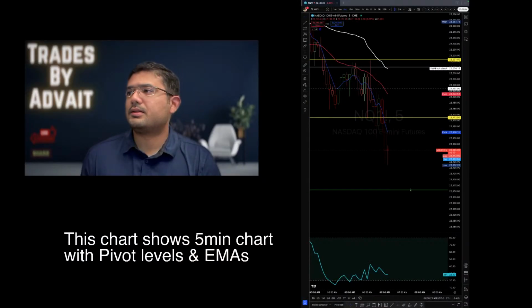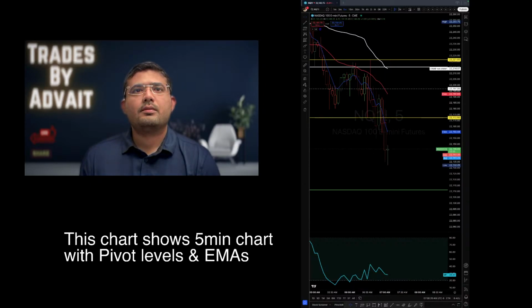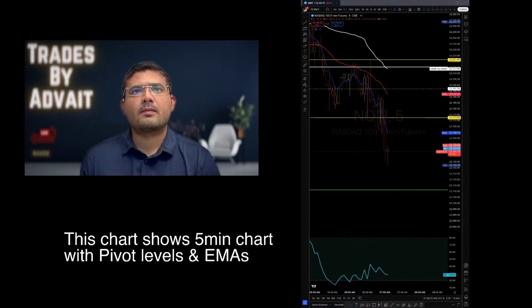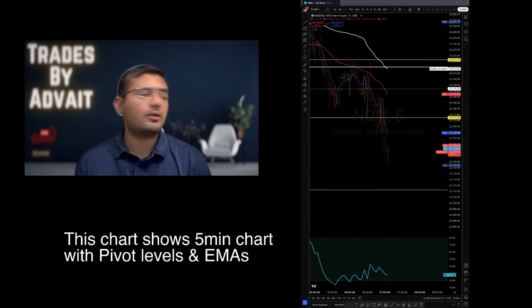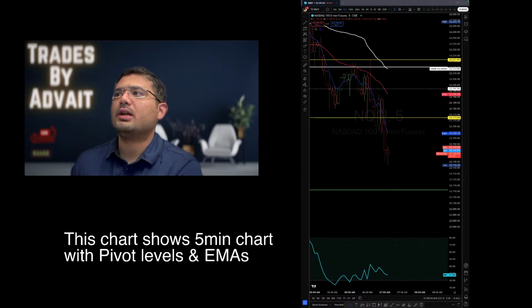Right now it's just hovering. The real support still sits at 22,128. If it doesn't go over there, then it doesn't make sense for me to take a long trade. So I'll wait patiently for 22,128.